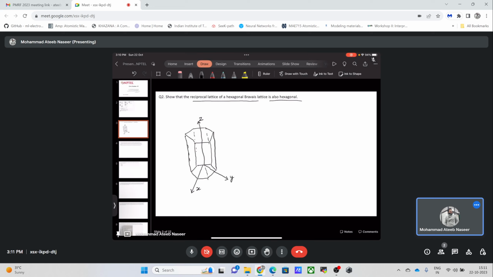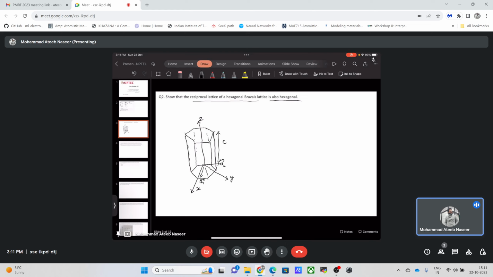The vector a1 is in this direction. This is another vector, a2, which will be some combination of the x and y axes, and let the height of this hexagonal system be c.